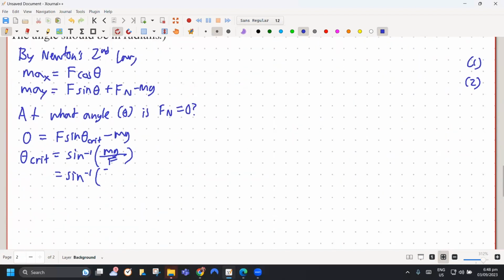So what do we know about the mass? It's 5 kilograms, 9.8 meters per second squared. F is 20. Kaya, check na natin. Bakit mg?